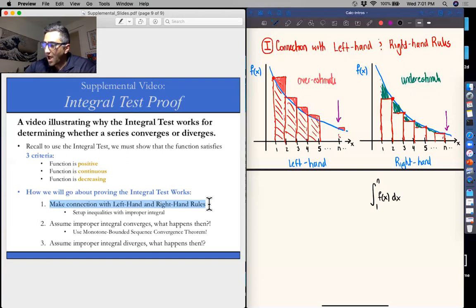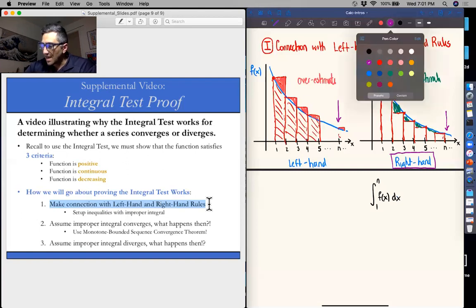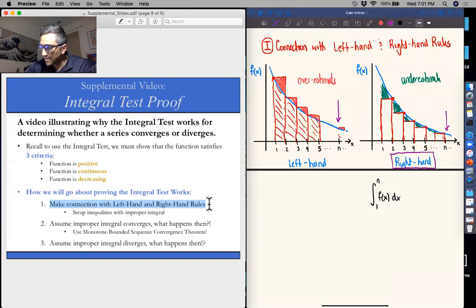Now, the first thing I want us to look at is what's happening with right-hand rule. If we look at all the areas under the boxes, remember the values we're taking in this case. We're using the value of the function at 2, the value of the function at 3, the value of the function at 4, at 5, all the way up to n. So we're not actually using the value a1 anywhere.